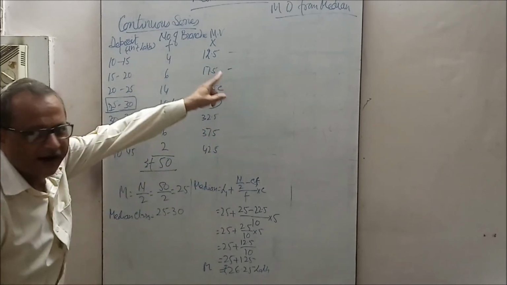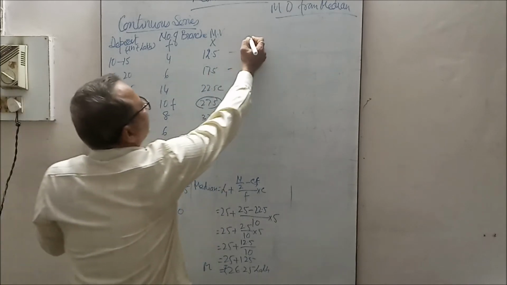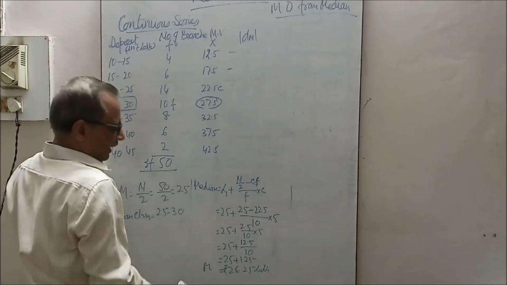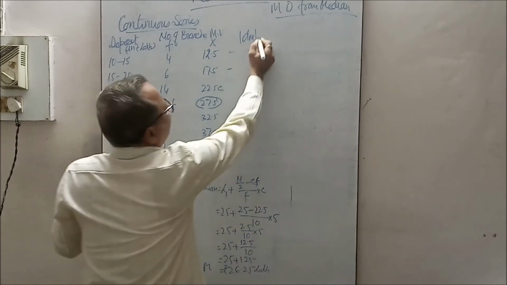Now we'll find the deviation from the median, which is 26.25.